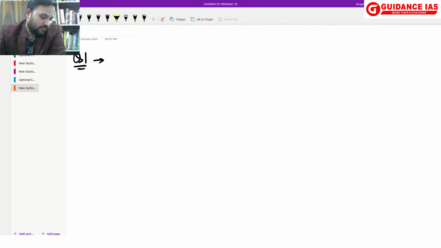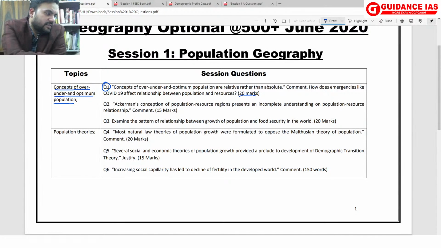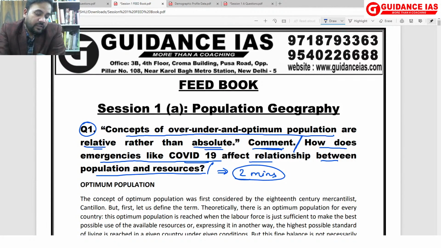And if I am getting 4 pages, can I say that there are 2 parts? First part is comment and second part is how. Tell me, which of these is more difficult to write? Comment or how?